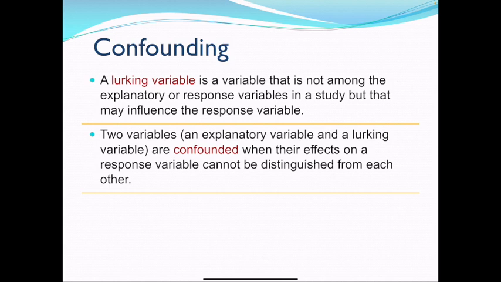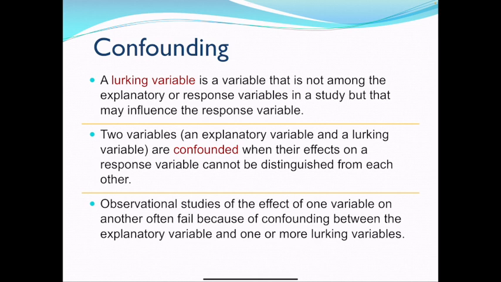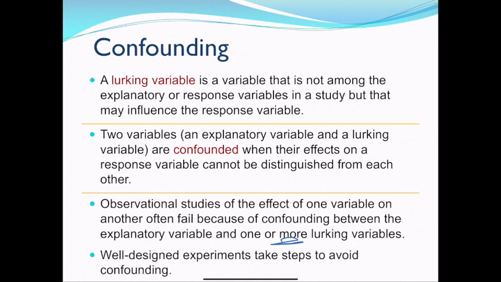If I've got an explanatory variable and a lurking variable and we can't distinguish them, that's when we have confounding. Observational studies of the effect of one variable on another often fail because of confounding between the explanatory variable and one or more lurking variables. Well-designed experiments take steps to avoid confounding.